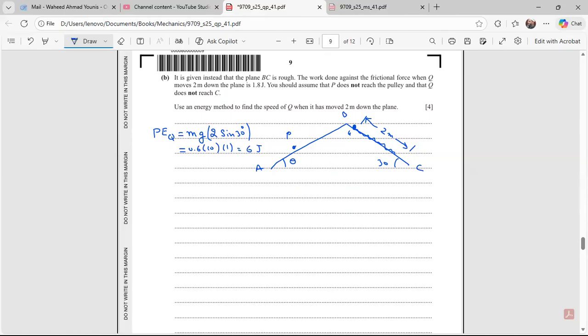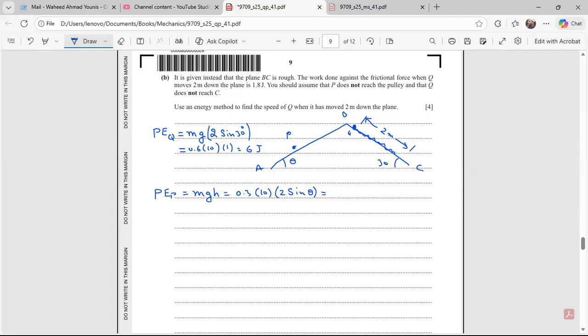Now what is the gain of potential energy of P? Right, we have gained some height. So again, we will apply mgh. m is 0.3 kilogram, g is 10 meter per second squared, and h is 2 sine theta, right? Because if Q has gone 2 meter down, then P is also going 2 meter up, but the vertical distance it has taken is 2 times sine of theta, right?